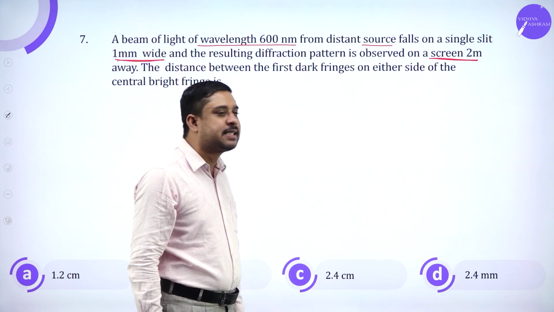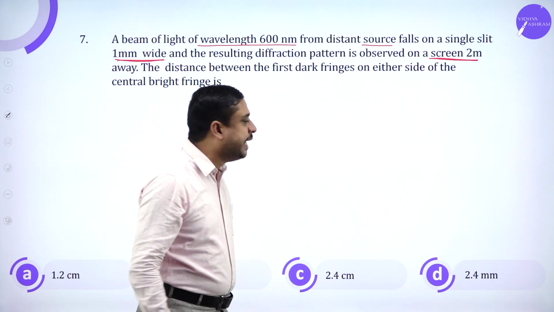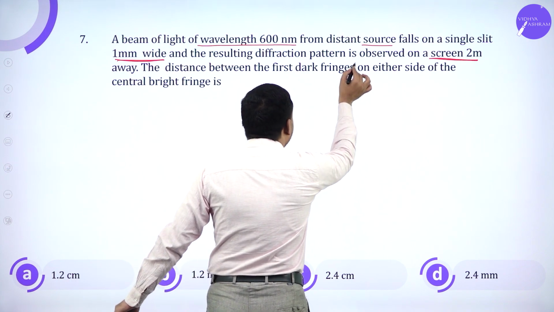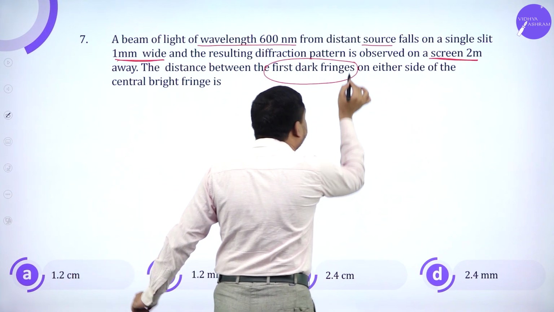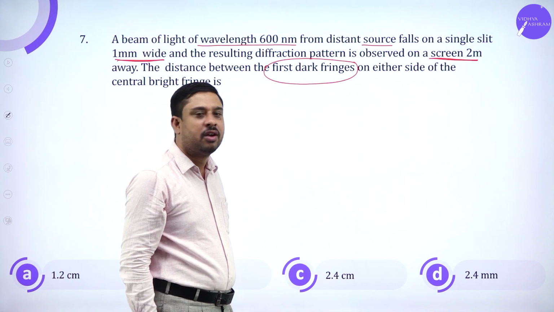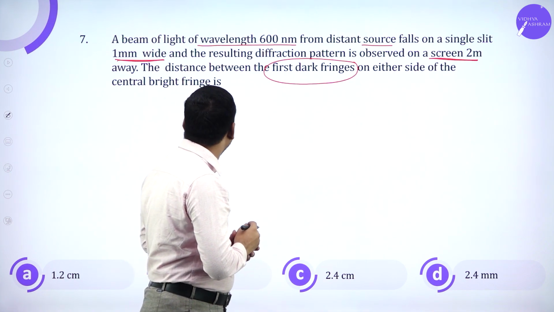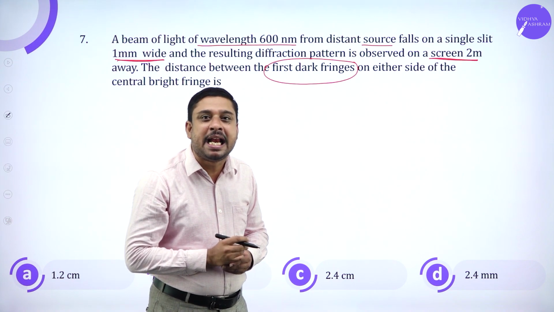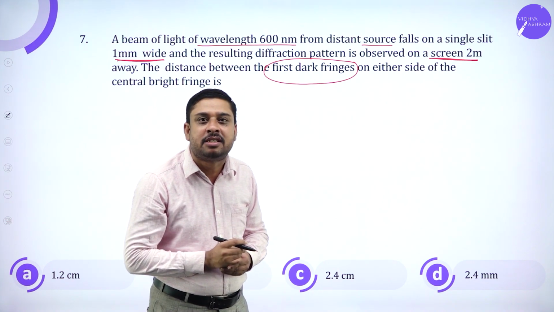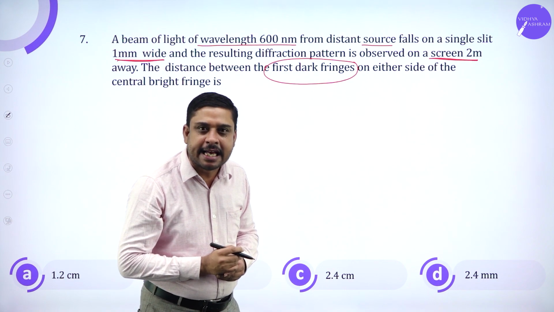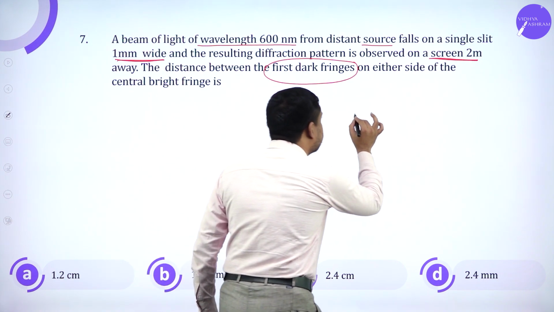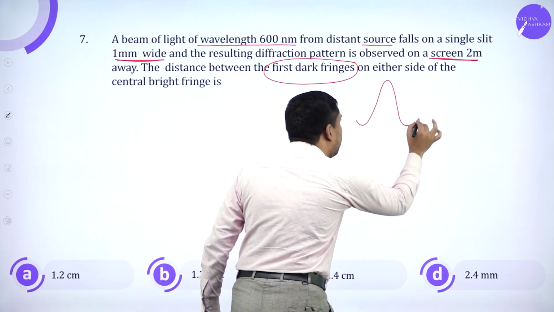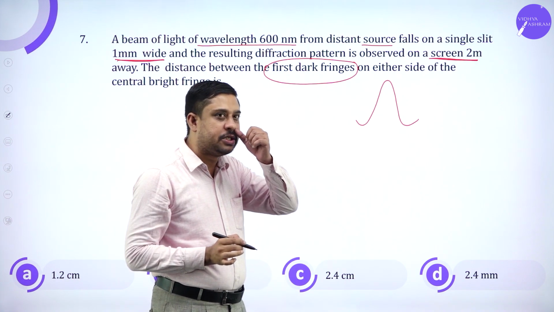What is the distance between first dark fringes on either side of the central bright fringe? He says there is a central bright fringe.